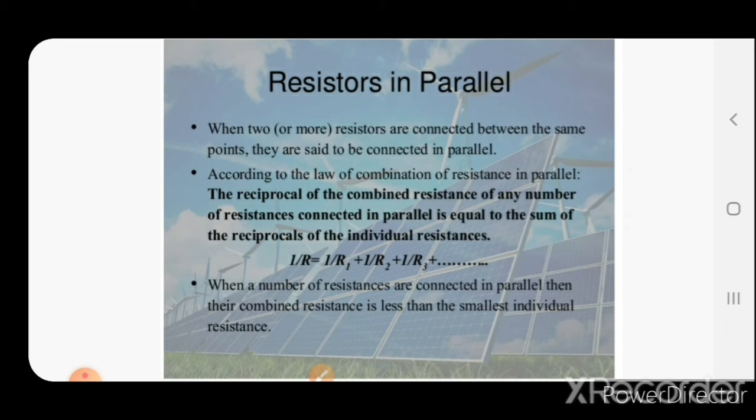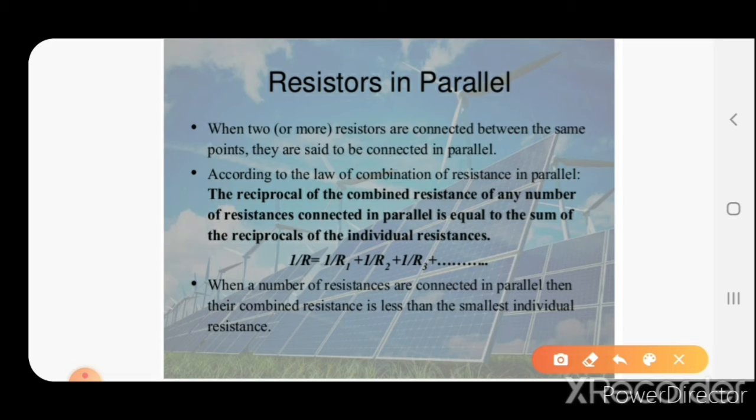Now, according to the law of combination of resistance in parallel, the reciprocal of the combined resistance of any number of resistances connected in parallel is equal to the sum of the reciprocals of the individual resistances.